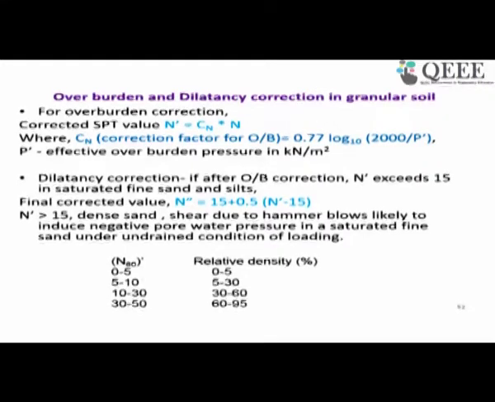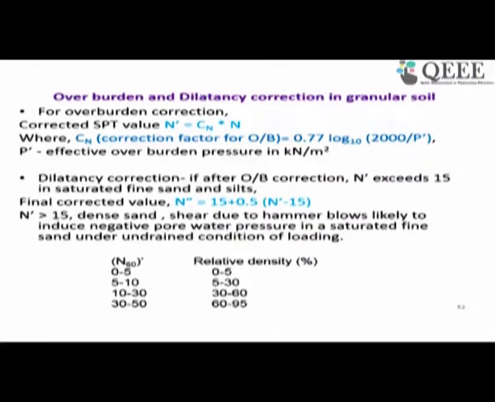As you see, the soils are stress dependent, and you use N dash is equal to Cn into N, where Cn is the correction factor for overburden, which is equal to 0.77 log10 of 2000 divided by P dash, with P dash the effective overburden pressure in kilonewton per meter square.